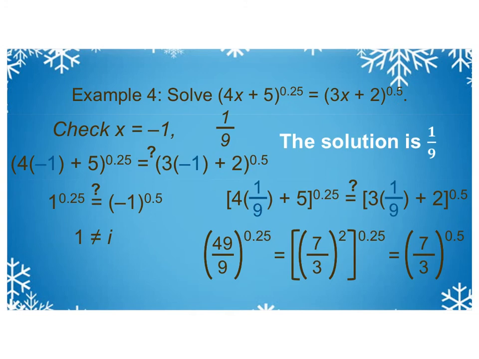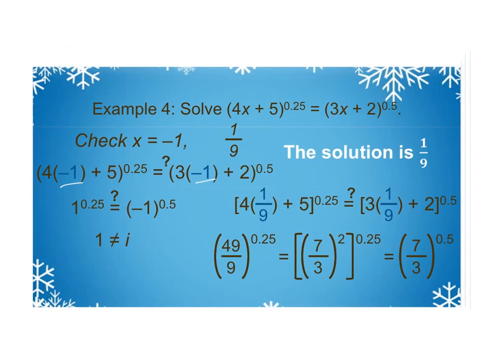I have to check my answers. If I plug in -1, I end up with -4 plus 5 is 1, and I end up with -3 plus 2, which is -1. Now, the problem is that means the square root, right? Because it's to the 1/2 power.